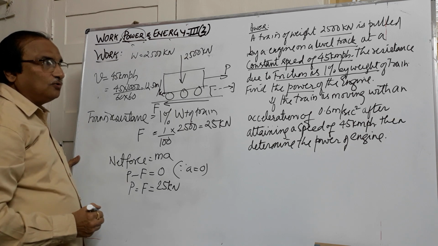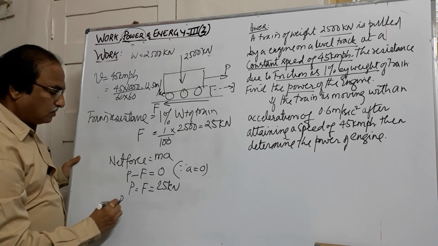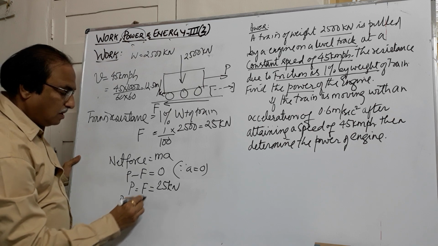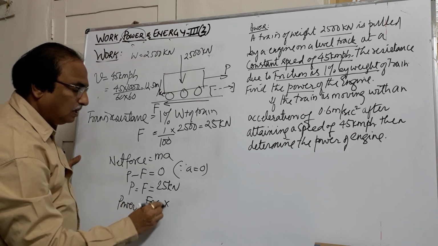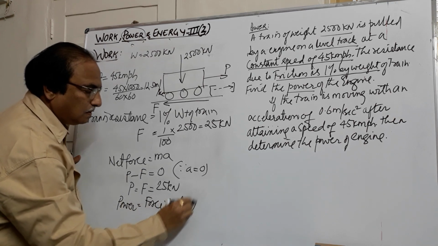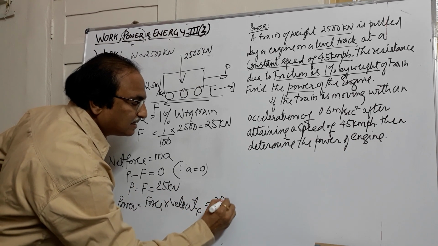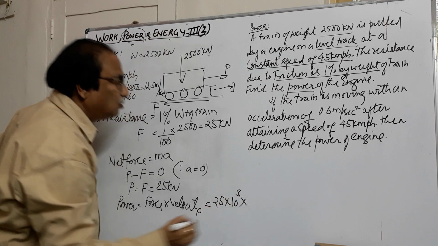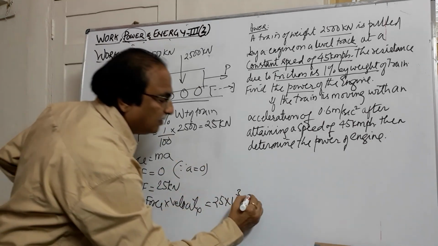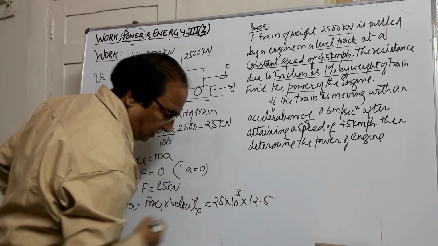Now once you know the force, we know power is equal to force into velocity. And the force here acting is 25 kilonewton. Let us convert it in Newton into the velocity is 12.5 meter per second.